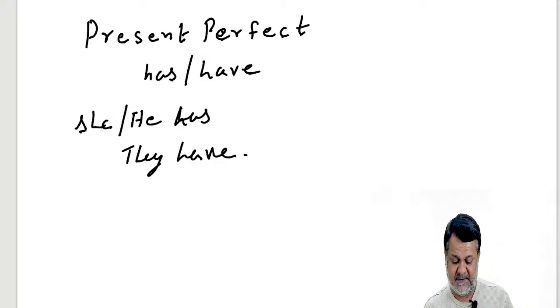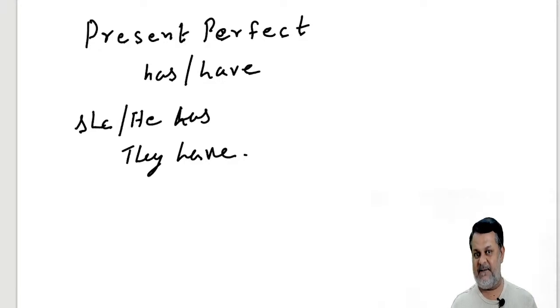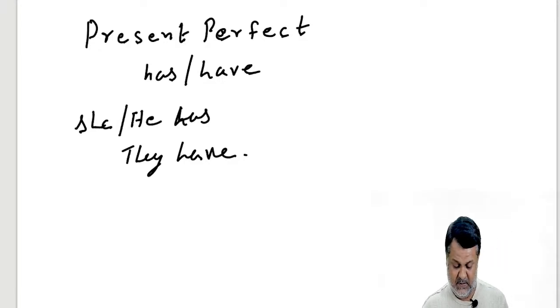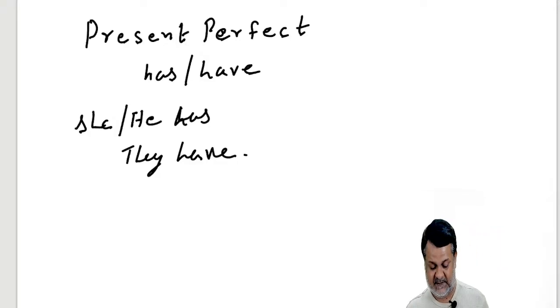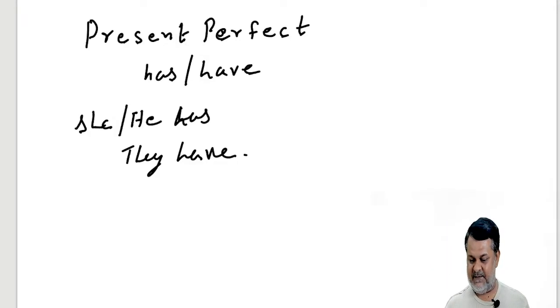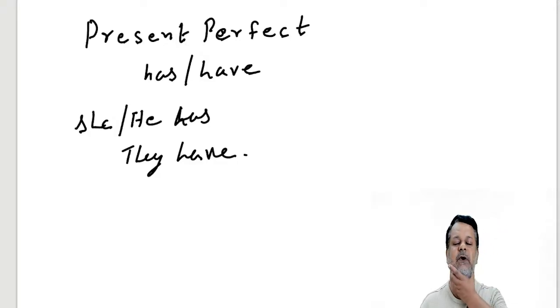Now, what is past perfect? Past perfect, we use it to describe a situation or activity that took place before another past activity. So don't get confused here.